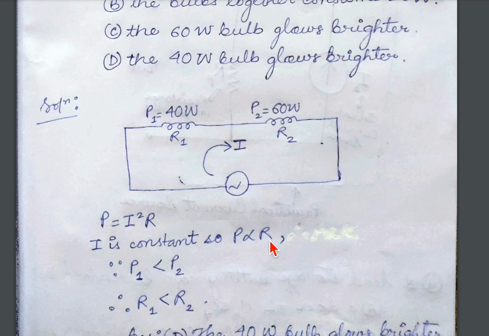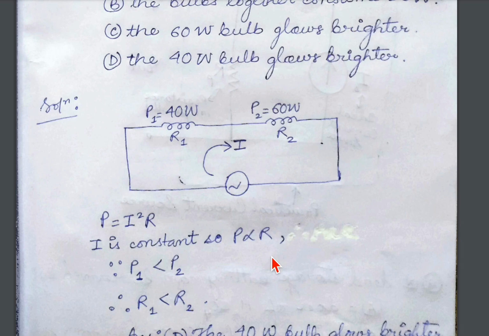Now between both bulbs, which one has a lower power? It's the one having 40 watt power, right? So using the P directly proportional to R proportionality, we can see the resistance offered by the 40 watt bulb is lesser than that by the 60 watt bulb.